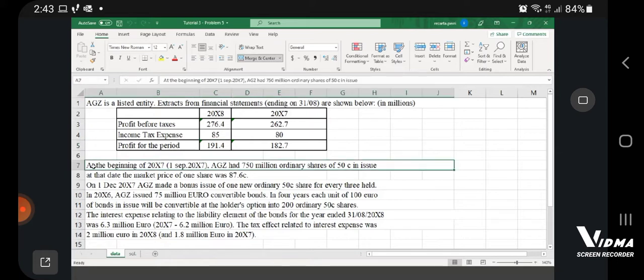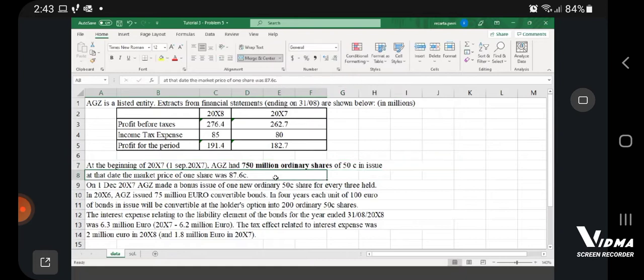There are also some other pieces of information very useful to go through. At the beginning of the first year, 2017, which is 1st of September, the company had 750,000 million ordinary shares in issue. This is the beginning of the period. The market price was clearly above the par value.